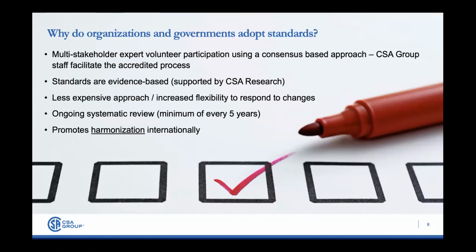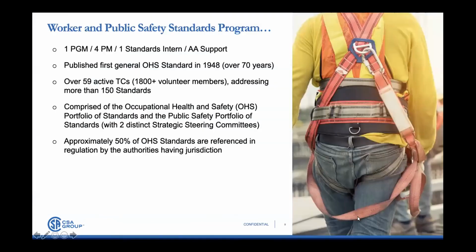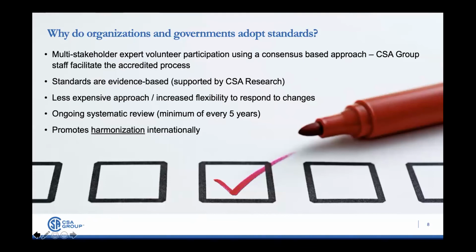There's also increased flexibility when you're not relying on regulatory reform. You can pivot and address things on a more rapid basis, relatively speaking, of course. We also have a minimum requirement to review our standards every five years. So every five years, our technical committees have to decide if the content is still technically relevant.